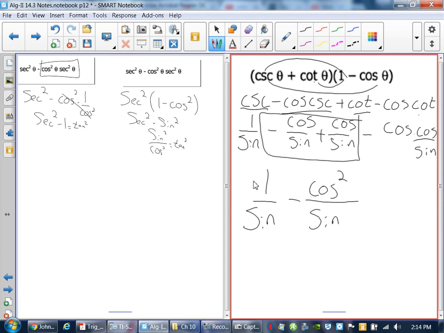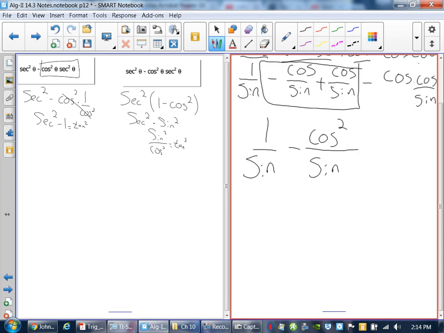They have a common denominator, which means that I can go ahead and do 1 minus cosine squared over sine, which is sine squared over sine, which is sine. Couldn't you also do, never mind. They do get kind of messy, to say the least.